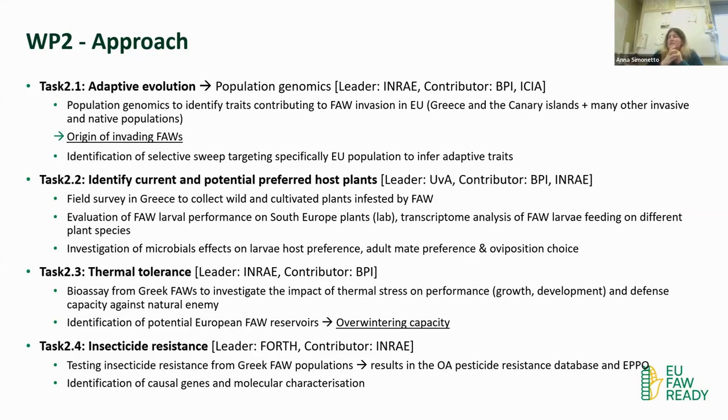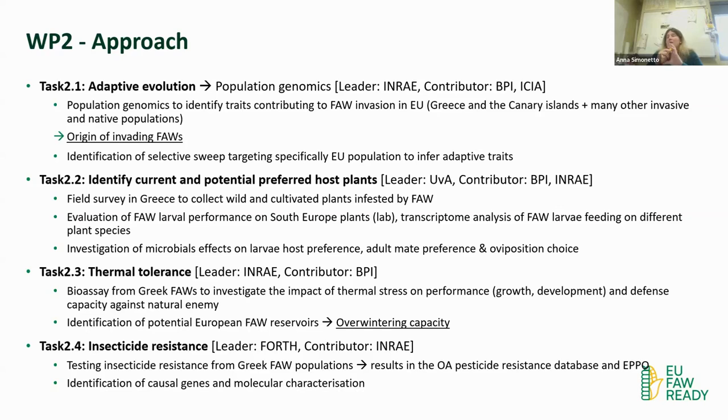In the second task, led by UVA, we are focusing on the preferred host plants of the EU fall armyworm population. Field surveys are performed in Greece to collect wild and cultivated plants that are actually infested by fall armyworm in that region.